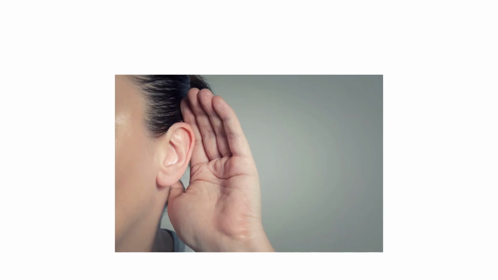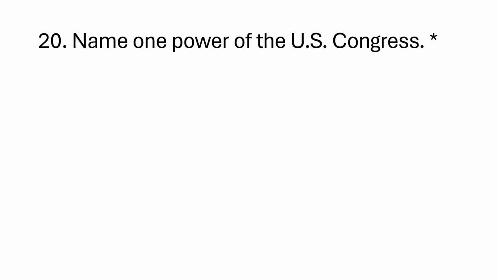Okay, next question. Tell me one power of Congress. Say it if you know. There are multiple options. So when it tells you that it wants one of something, you know there's more than one possible correct answer, but you only need to learn one. So what can Congress do? Congress writes the laws.